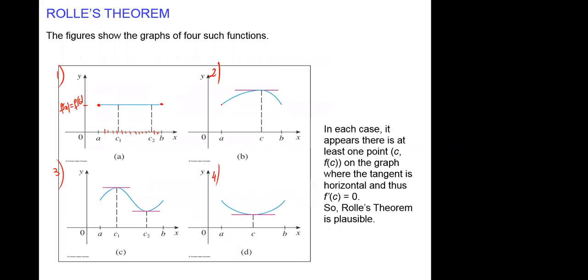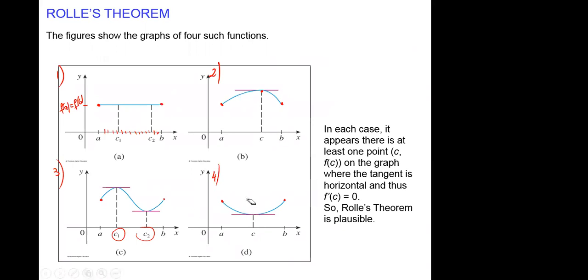In the second one, we have the same values for a and b, and we can definitely see that at least 1 point exists in (a, b) with a horizontal tangent. For number 3, we actually have 2 points like that. Number 4 is almost the same as number 2, but the concavity is different.